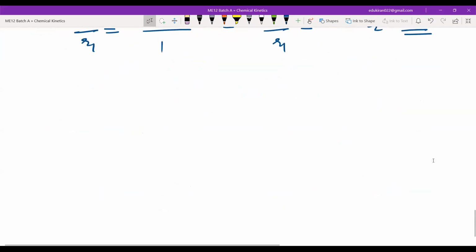Question number 22. Sir, page number? NCERT exercise, chemical kinetics, right? Yes. Question 26, these you don't have to do, okay?